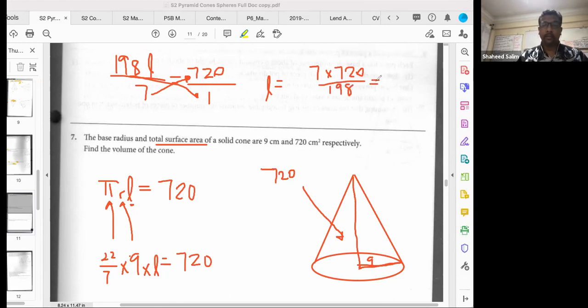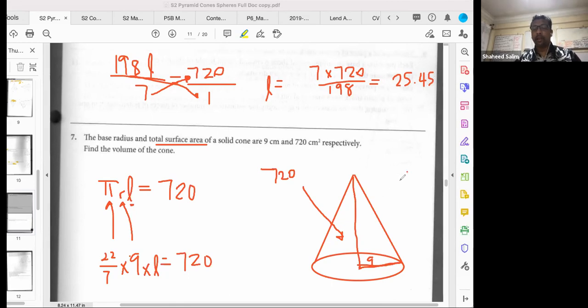Let us see what it is. 7 times 720 divided by 198 is 25.45.